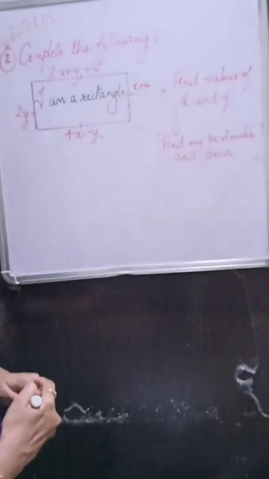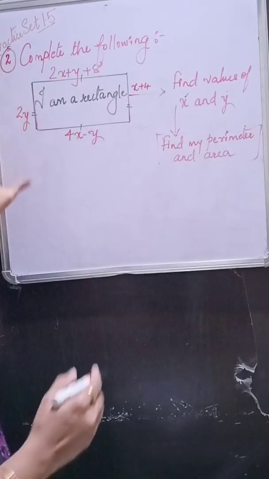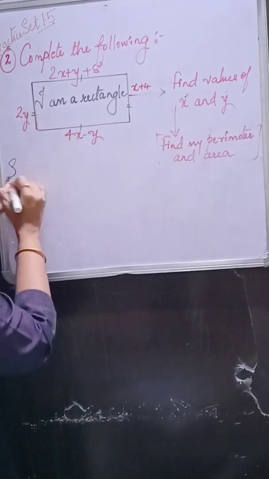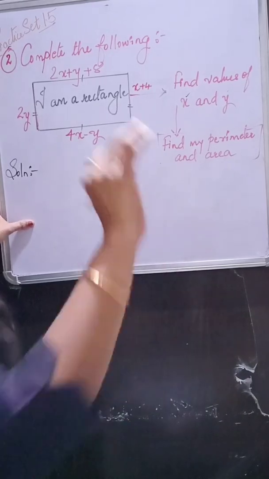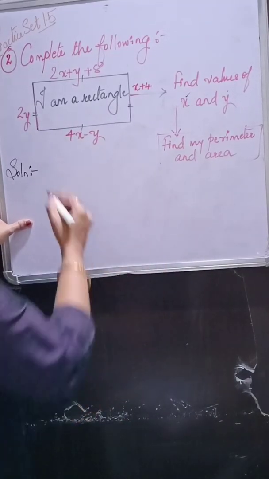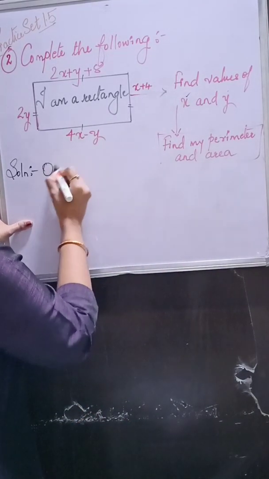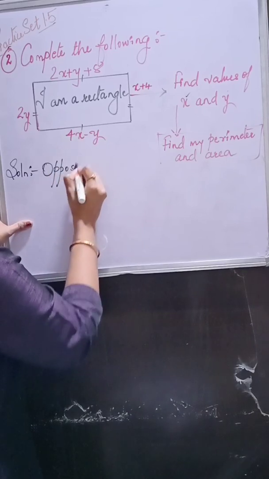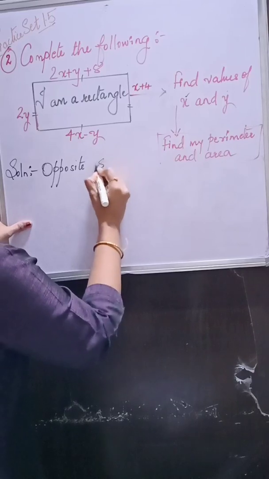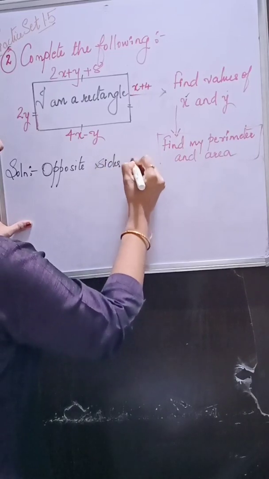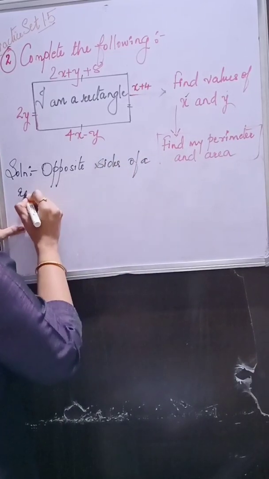Let us deal with this figure, and because it is a rectangle, I'll write the solution first. I'll directly start with the property which I remember here.